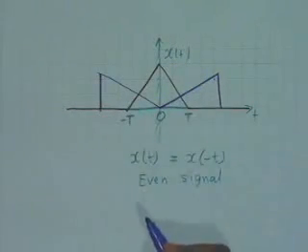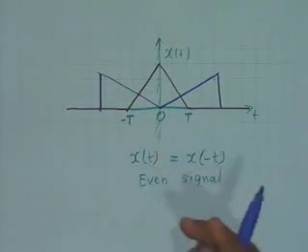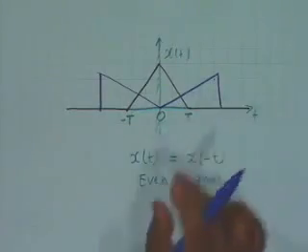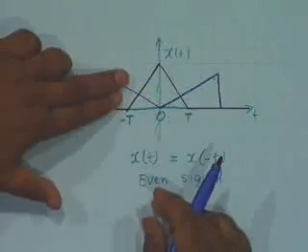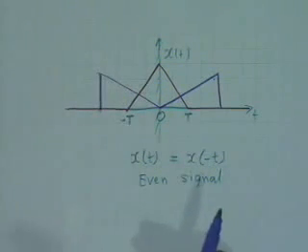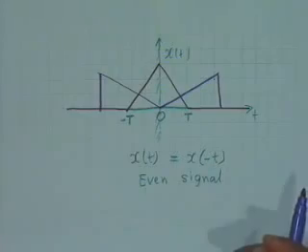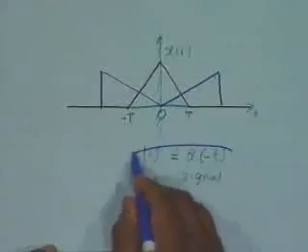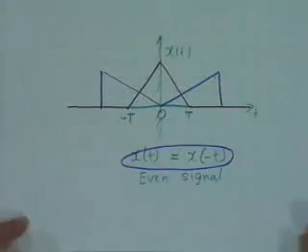This is also an even signal. But suppose I have it only on one side, that is, this side is absent, then it does not remain an even signal. An even signal is one which with folding or reflection does not change. x of t equals x of minus t, this is the definition of an even signal.